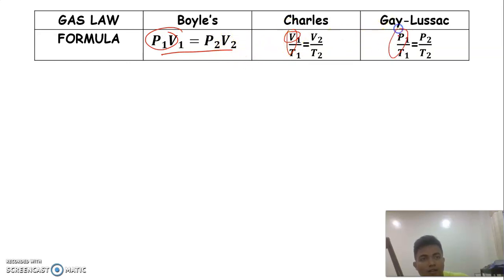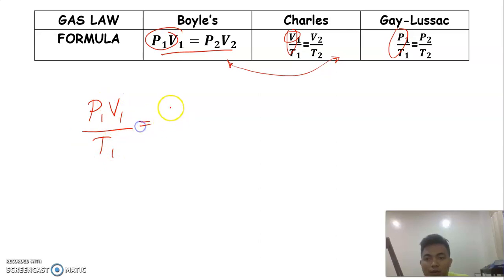The pressure and the temperature have their own relationship. Which only means, to simplify, these three gas laws can be combined into one equation. You call this the combined gas law. So that means P1 times V1 divided by T1 is equal to P2 times V2 over T2.